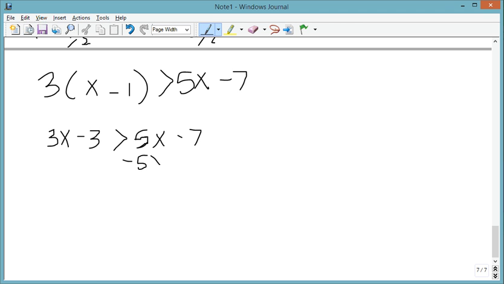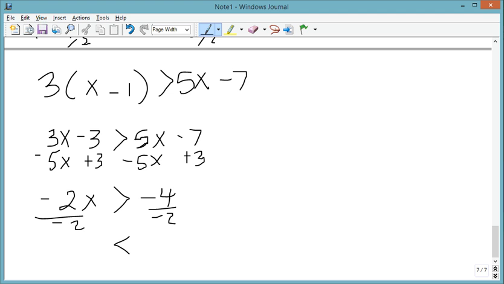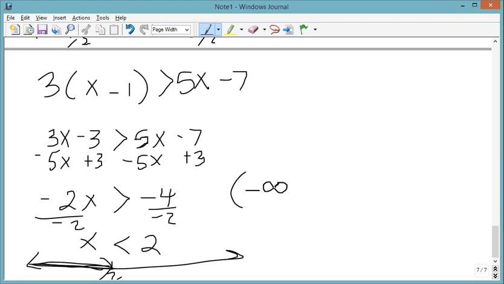Then I can go ahead and get the x's together and the numbers on the other side together. This is going to be a -4. When I divide by -2, I have to flip this to less than. Looking at the number line, if here's 2, I want less, so it's going to be down here, and it's not going to be included. So my answer would be -infinity to 2, not including it. That is how my answer would look.